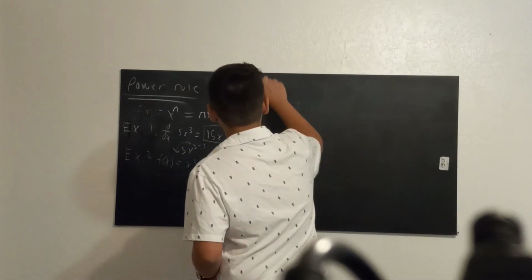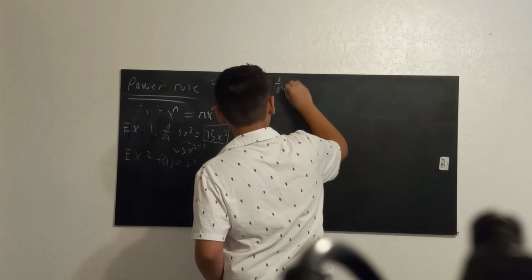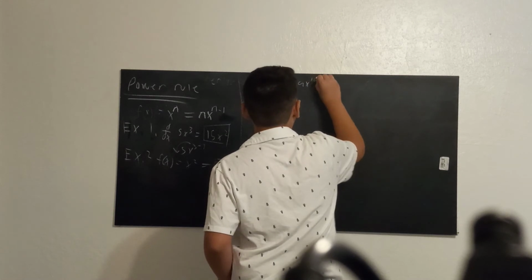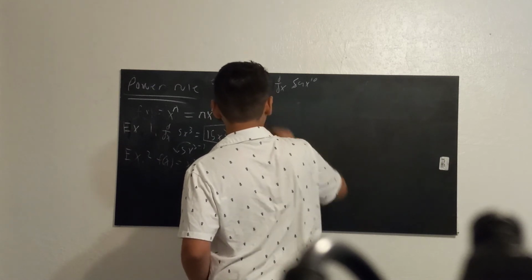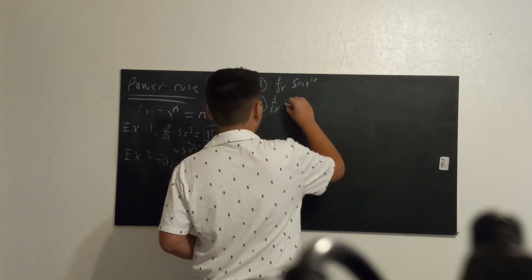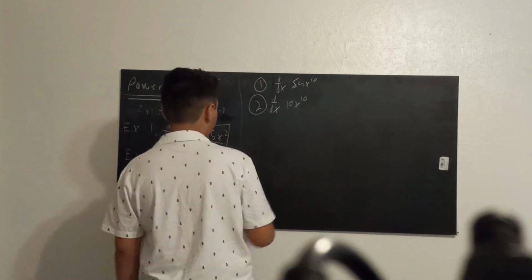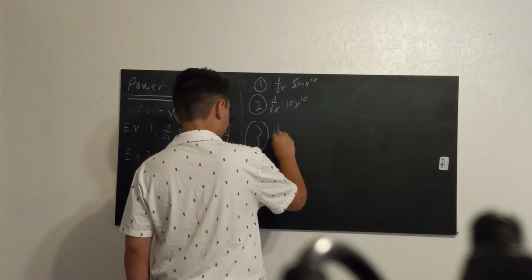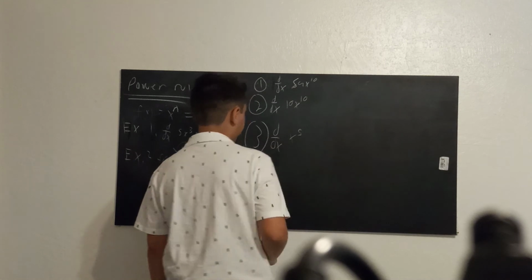So say number 1. Find the derivative of 5ax to the 10th power. Number 2, d/dx of 10x to the 10th power. Number 3, d/dx, of course, of x to the 5th power.